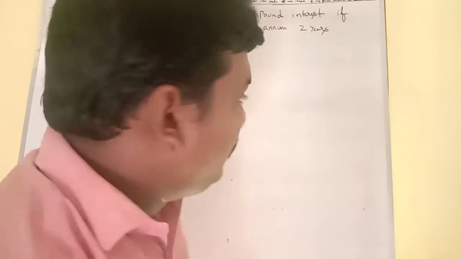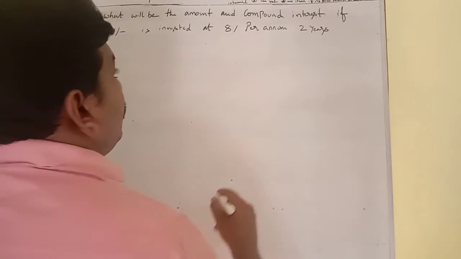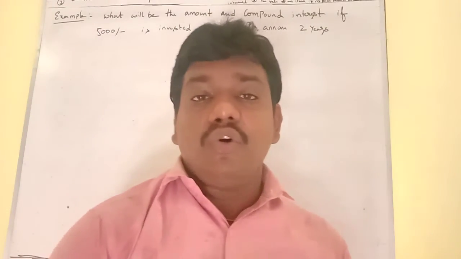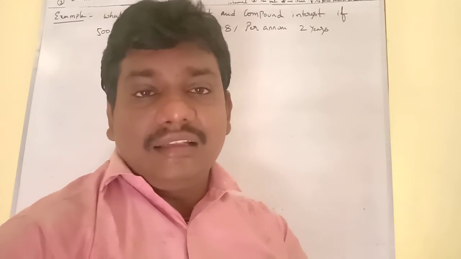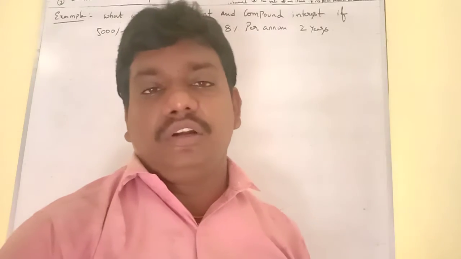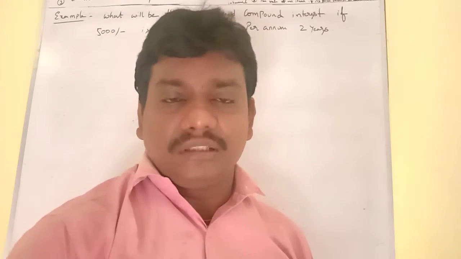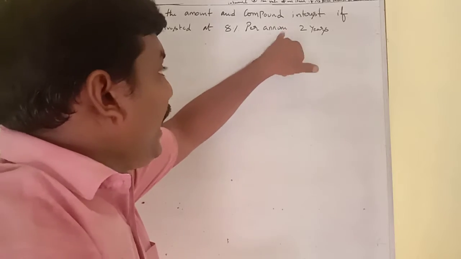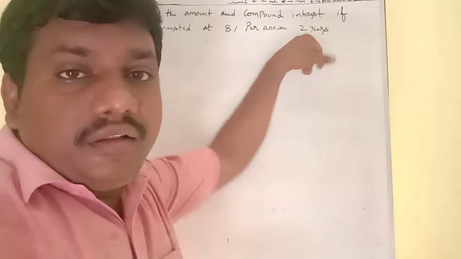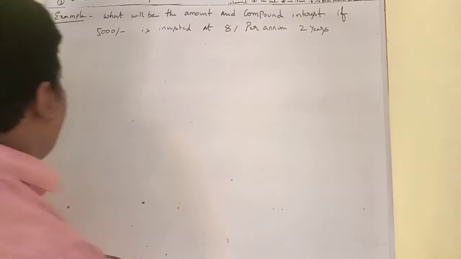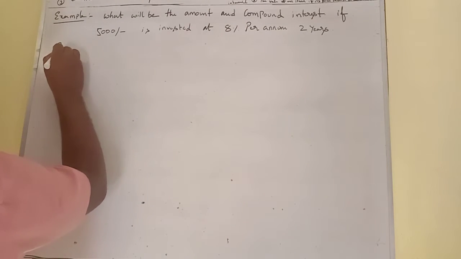What is a conversion period? It is how many times the interest is going to be added during the process. So 2 years means two conversion periods. Now you can see the solution.